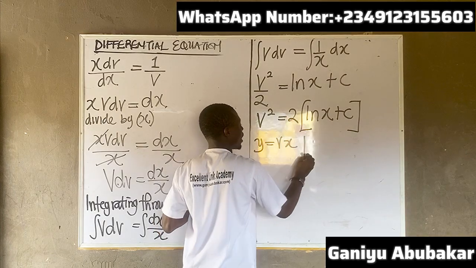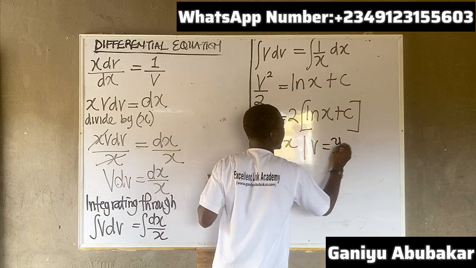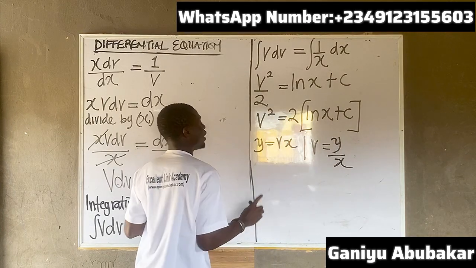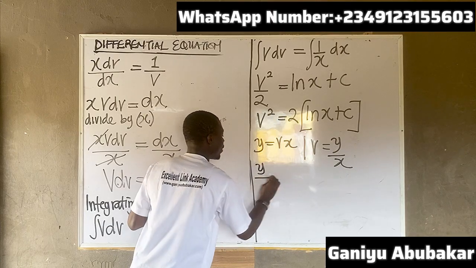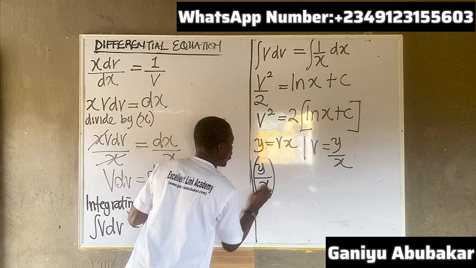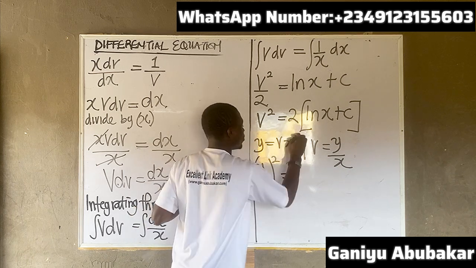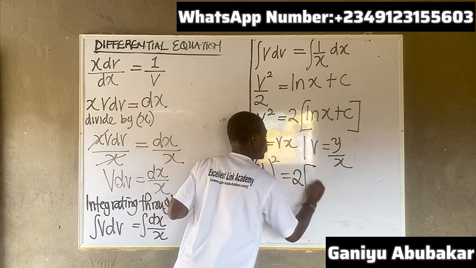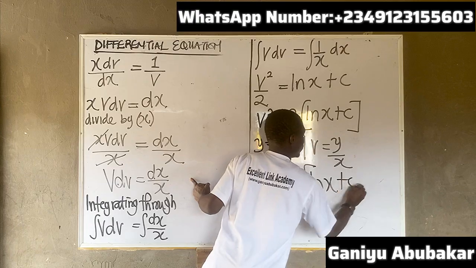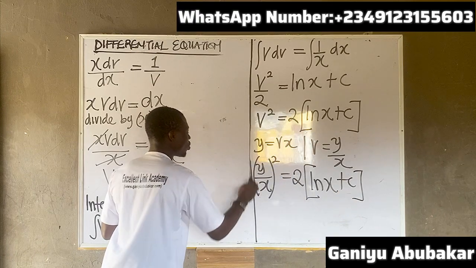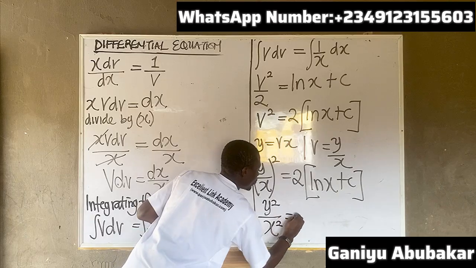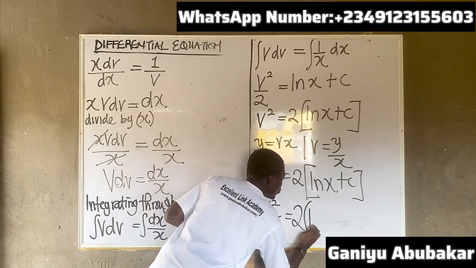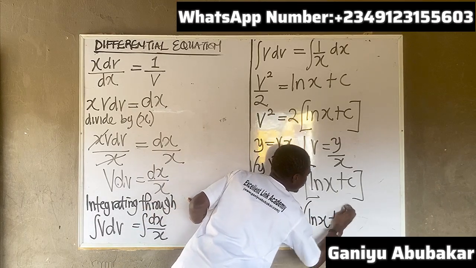Make v the subject. I'll have that v is equal to y over x. Anywhere I see v, I have y over x. So this v squared means y over x all squared equals 2 into ln x plus c. So it gives you y squared over x squared is equal to 2 into ln x plus c.